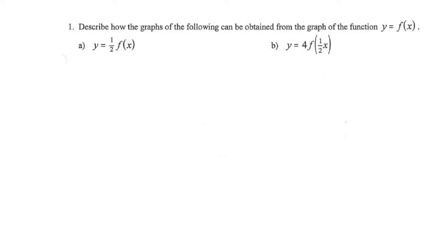We see that we've got our basic function y = f of x. And so we notice what the difference is. It's the fact that we've multiplied the f by 1/2. That is, we are multiplying outside the function by 1/2. And given our discussion, we were able to interpret that as a change to the graph.